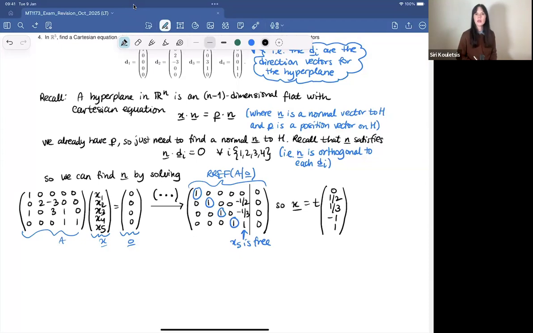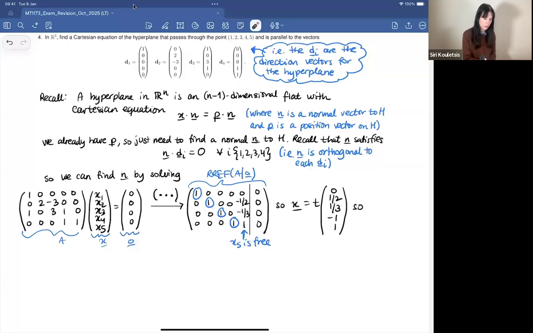And if we want to work with the vector now without fractions, we can. Any non-zero value of t here will give us a normal vector, right? So any non-zero scalar multiple is an equally good choice.